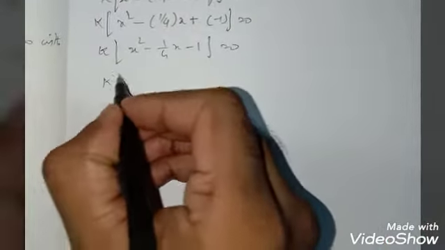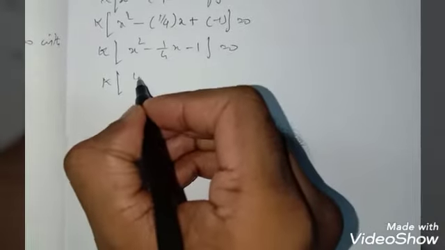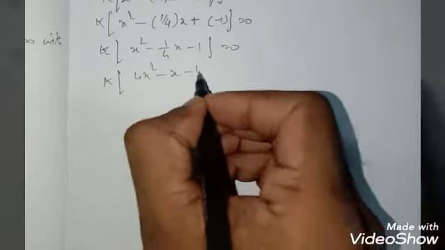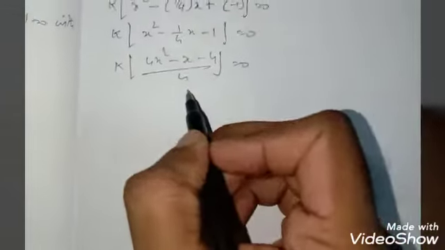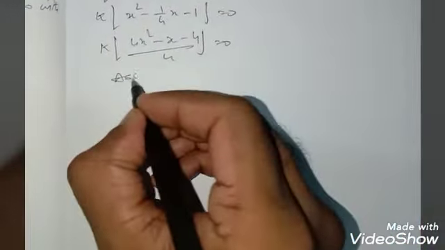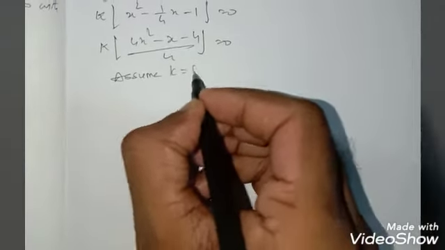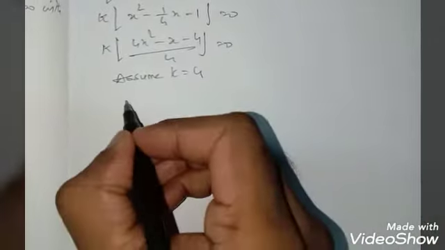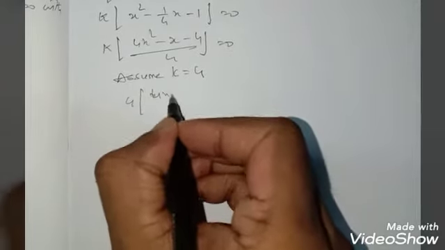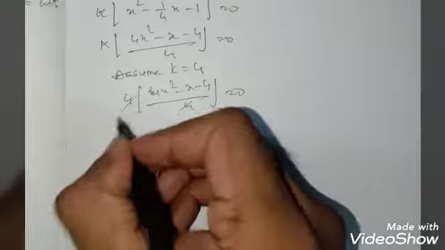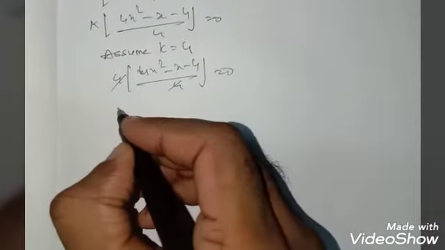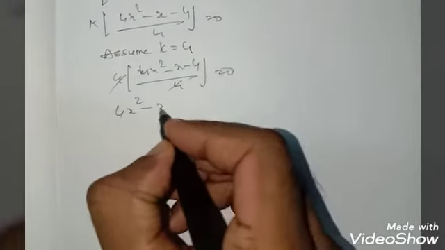Now here the denominator we have is 4, so I can take LCM. You will get 4x square minus x minus 4 divided by 4 equal to 0. As you have a denominator, I can assume k is equal to 4. If I substitute 4 here, 4 into 4x square minus x minus 4 by 4 equal to 0. The 4 gets cancelled. So what is my final answer here? 4x square minus x minus 4 equal to 0.